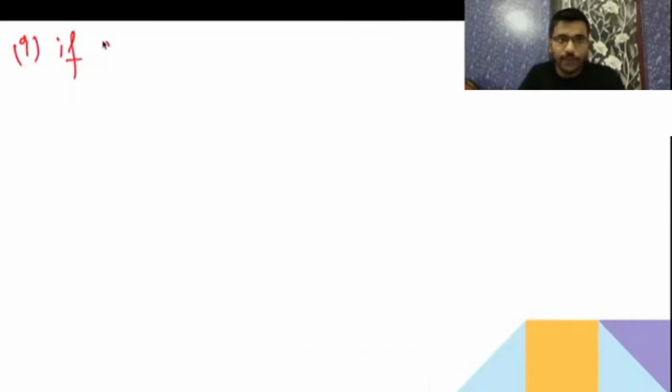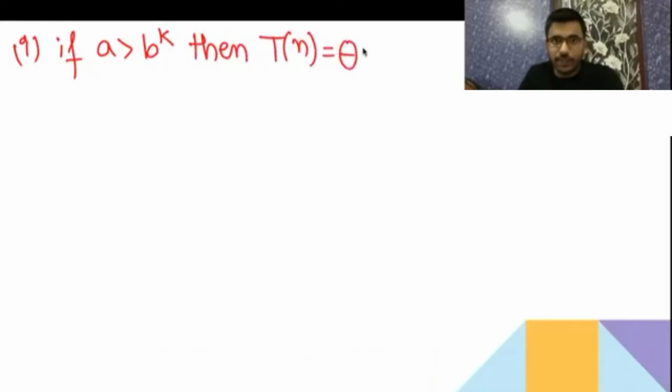if a is greater than b to the power k, then T(n) = Θ(n^(log_b a)).